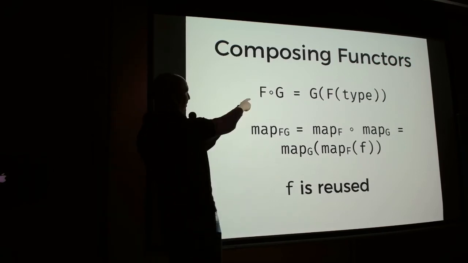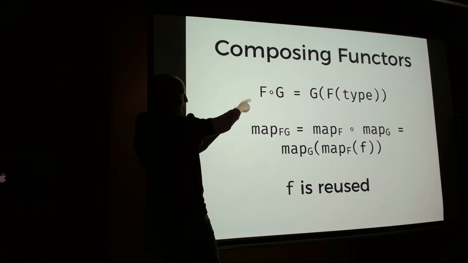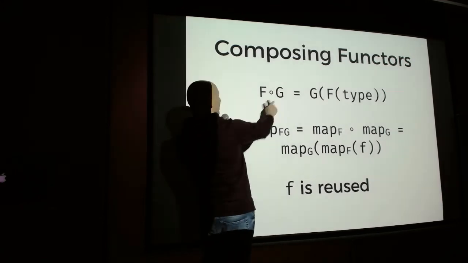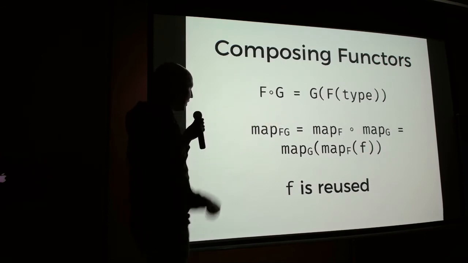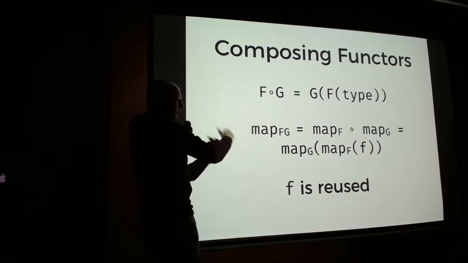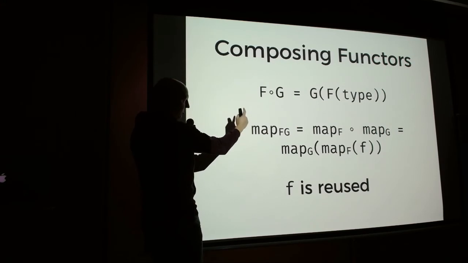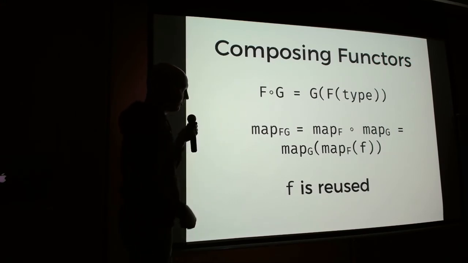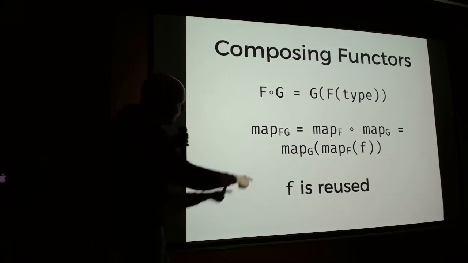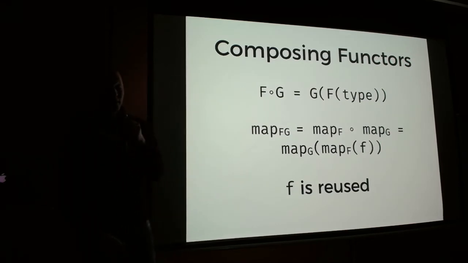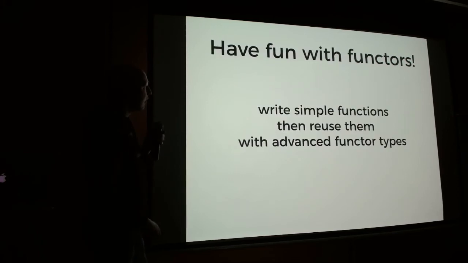So we can compose type level operations, functors f and g, and just apply them to types twice. And to mirror that on value level, we also compose map functions in the same order, and then apply them to function f. And f is always reused. So here's your code reuse. You'll never write the same code again. Yeah, that's kind of the point of functors.